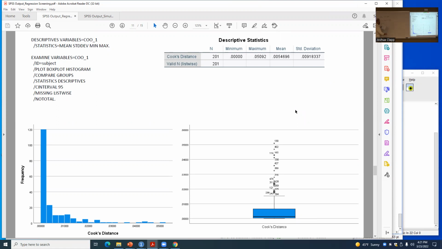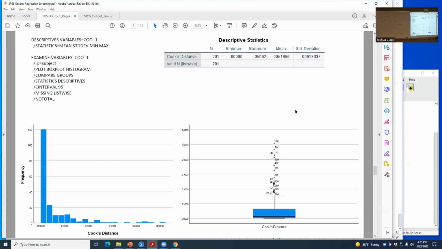For Cook's D, we're looking at 4 over n minus p minus 1. It's going to give us 4 over 201 minus 3 predictors minus 1, which is going to give us 0.020. So if we look at that, Elizabeth, do we have Cook's D values that are exceeding our threshold?